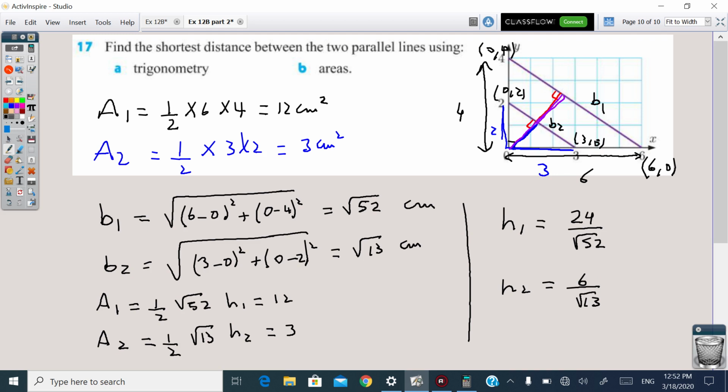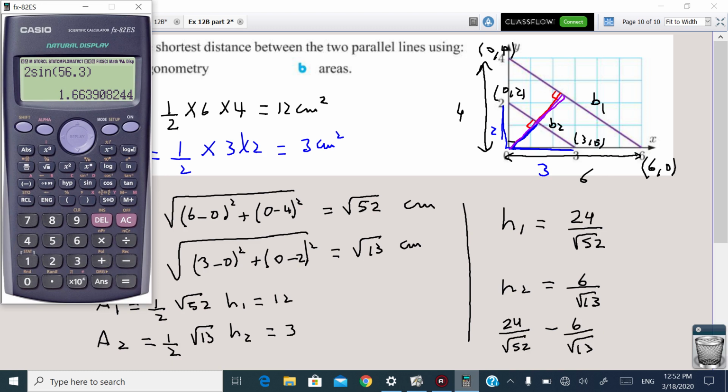And the distance between the two lines is simply the difference of those two heights. So what you want to be calculating is 24 over root 52 minus 6 over root 13.